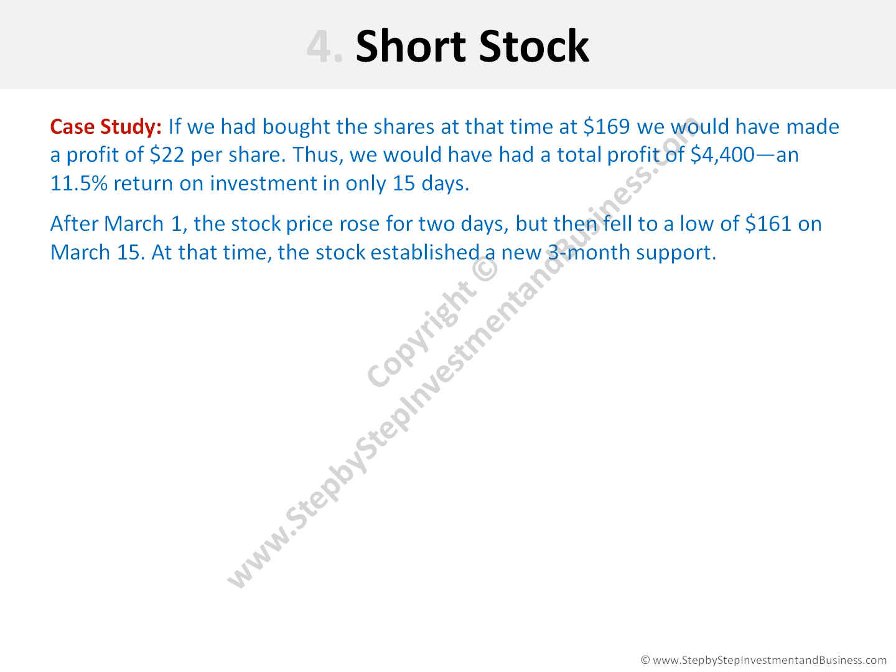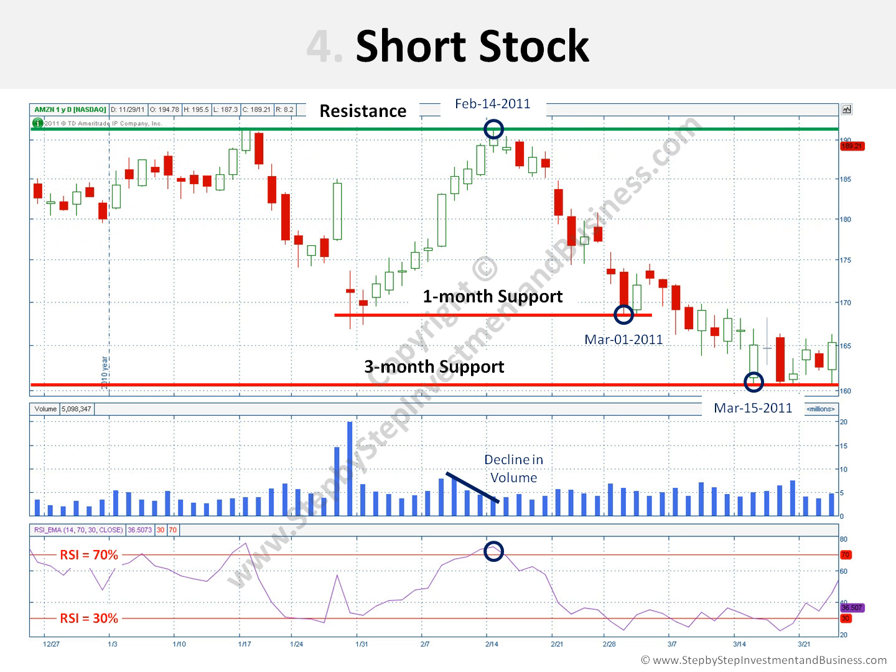After March 1st, the stock price rose for 2 days, but then fell to a low of $161 on March 15. At that time, the stock established a new 3-month support. That can be seen here.